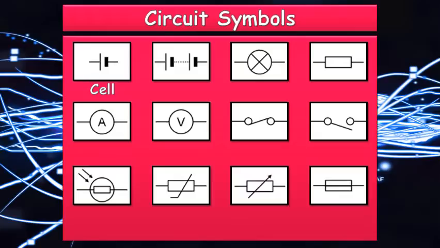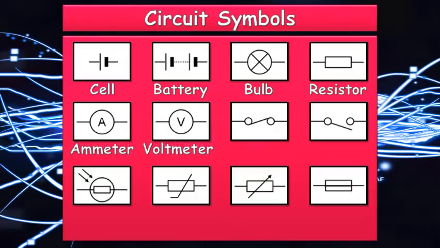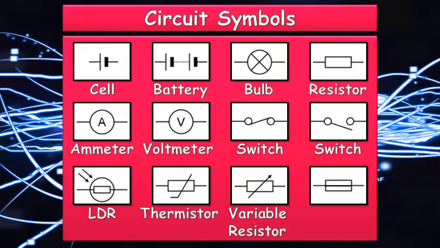There's the cell, the battery, the LED or bulb, the resistor, the ammeter to measure current, the voltmeter to measure voltage, a switch which is closed, and a switch which is open, an LDR or light dependent resistor, a thermistor or a resistor which is dependent on temperature, and a variable resistor, and finally a fuse. So by the end of this unit you should be able to incorporate all of those into circuit diagrams.